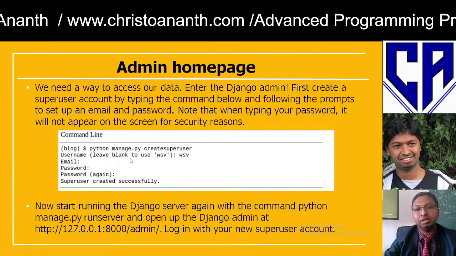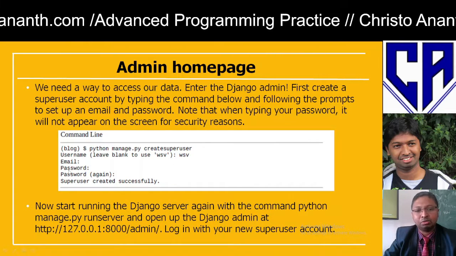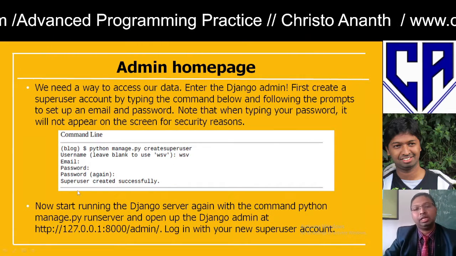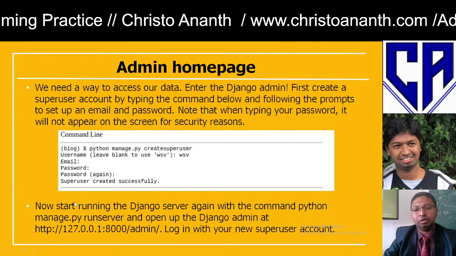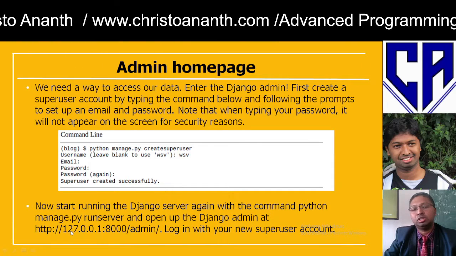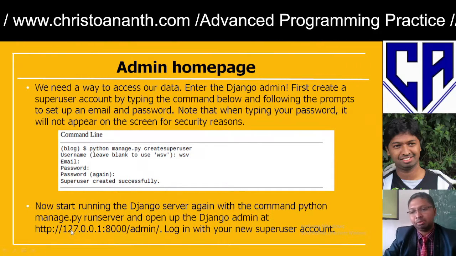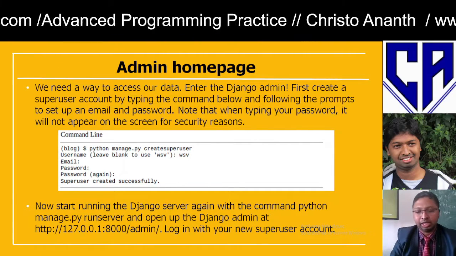Take whatever username you want, the email, password, repeat the password, and then the superuser is created successfully. Then run the local server and navigate to 127.0.0.1:8000/admin, and you can log into your superuser account if you have entered the fields correctly.